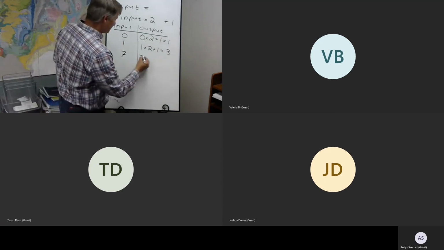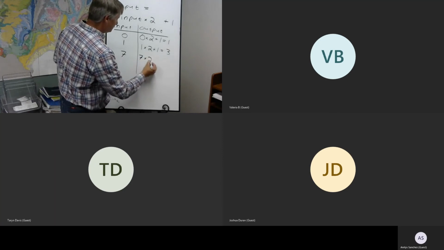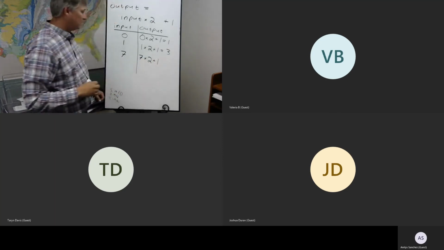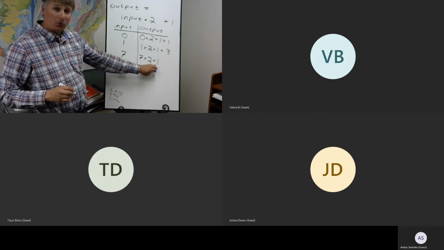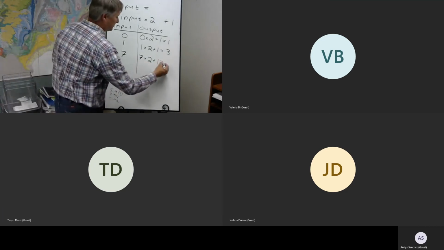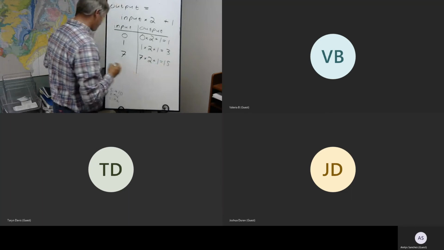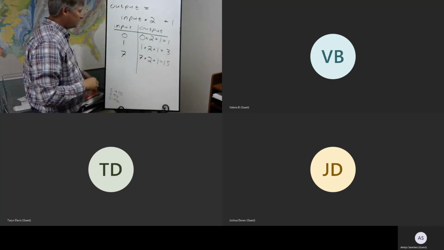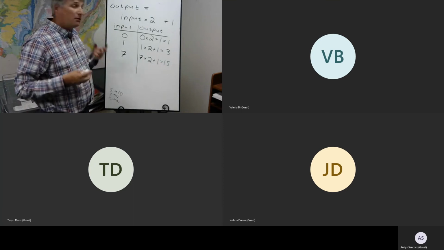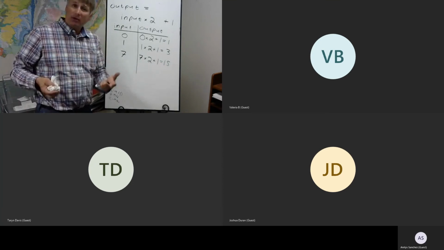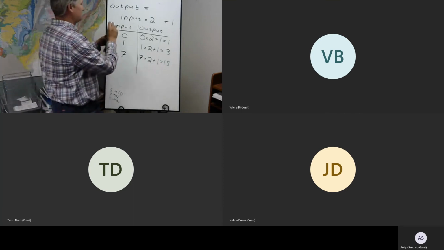Well, we'll get 7 times 2 plus 1. 7 times 2 is 14. 14 plus 1 is 15. So we've picked 3 inputs, now we have 3 outputs.